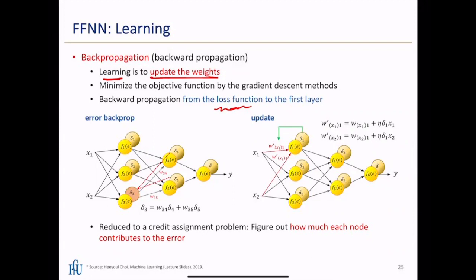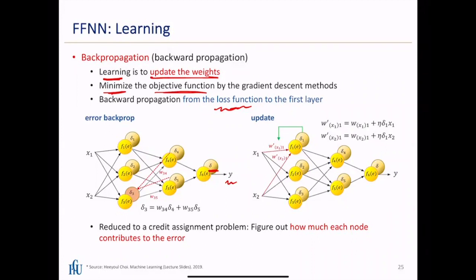And the goal is the same. You still want to minimize the objective function or error function. So this diagram is illustrating the error estimated at each layer. Say you have ground truth and compare your outcome to the ground truth. That will give you the error.